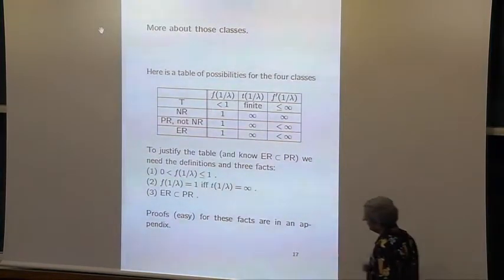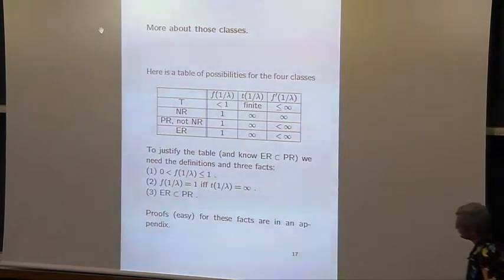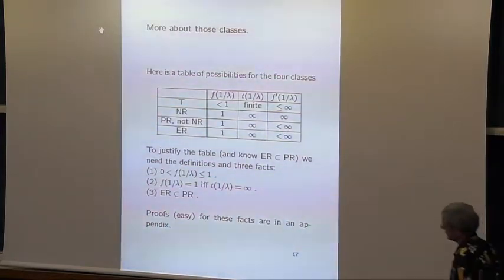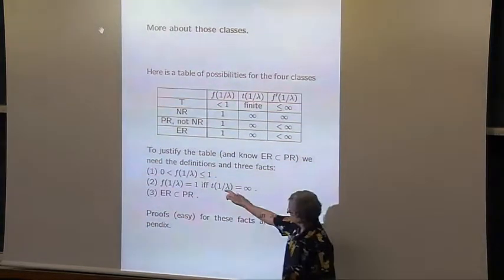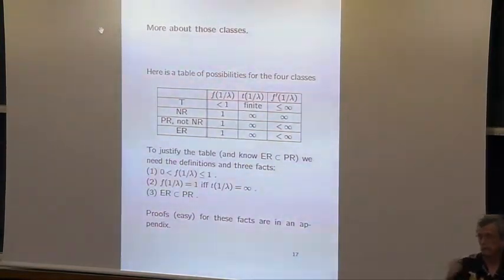So first of all, f evaluated at 1 over lambda is greater than 0 because we have a non-trivial system, and f has non-negative coefficients. But f of 1 over lambda is less than or equal to 1. Okay? It's impossible for f of 1 over lambda to exceed 1.